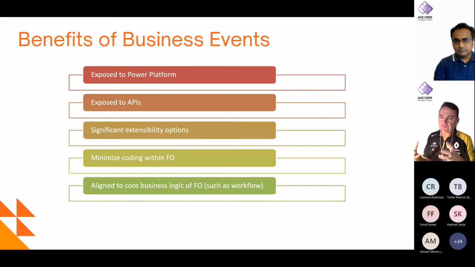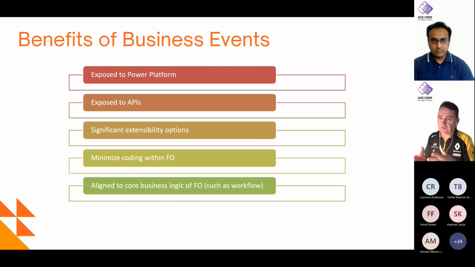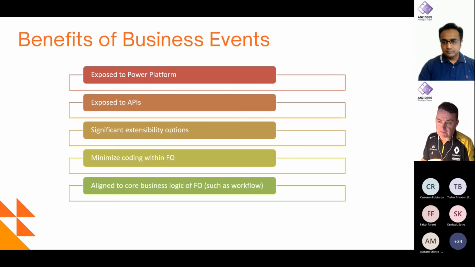Now, if we can expose these in a way that is not only available within FinOps, but also available externally, we can expose these to the Power Platform. And we're going to see the power of that in a minute. Exposing these to APIs allows us to significantly increase our extensibility options.